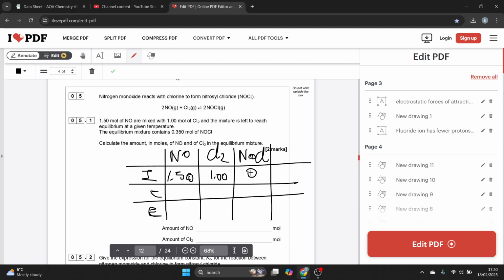Mixture at equilibrium, I've got 0.350 moles of this, adding 0.350. In this case I'm going to minus 0.350, but in this case for chlorine it's a 1 to 2 mole ratio, so I'm going to minus 0.350 divided by 2. So 1.50 minus 0.350, 1.15, 1.00 minus 0.350 divided by 2, 0.825.